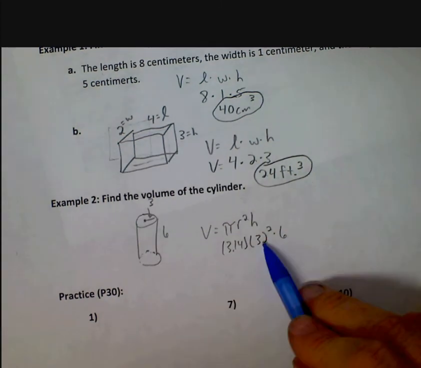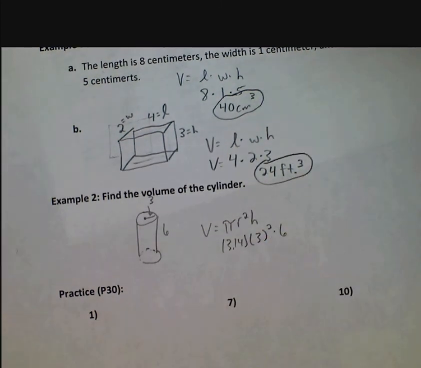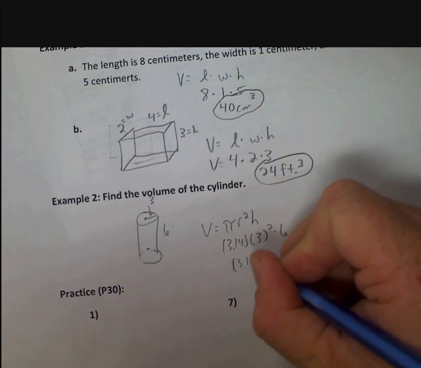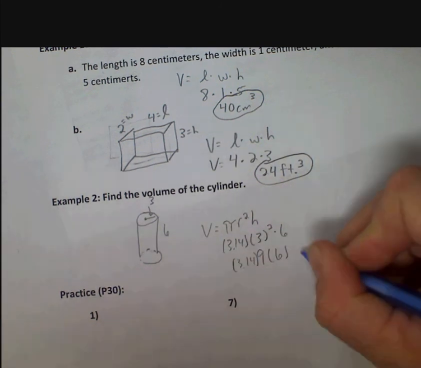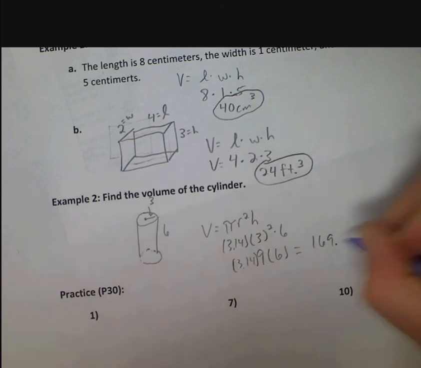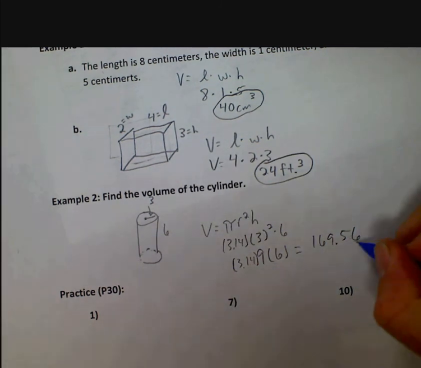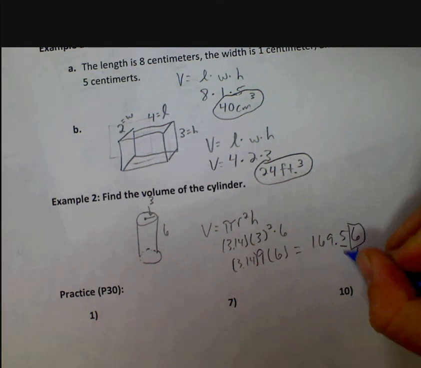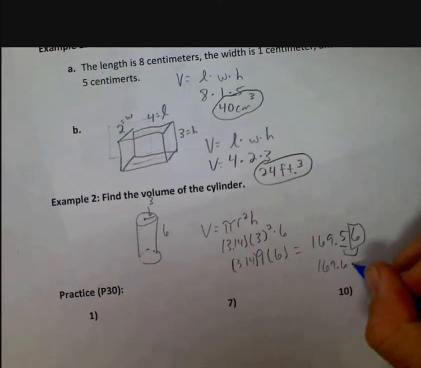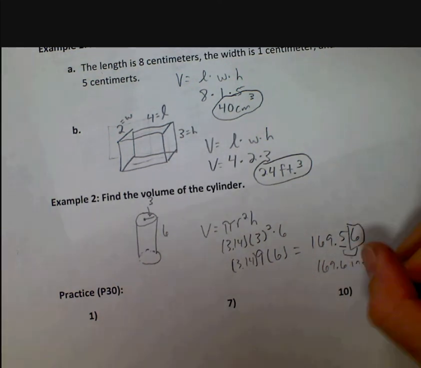I have to do exponents first. That's why I taught you order of operations. 3 squared is 9. 3.14 times 9 times 6, that gives me 169.56. And let's go ahead and simplify that to the nearest tenth. 169.6, and we measured in inches cubed.